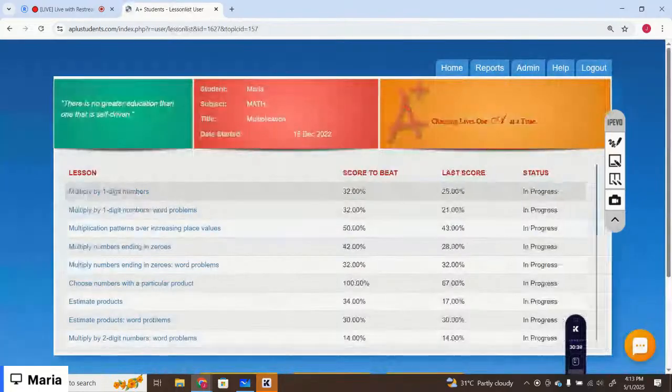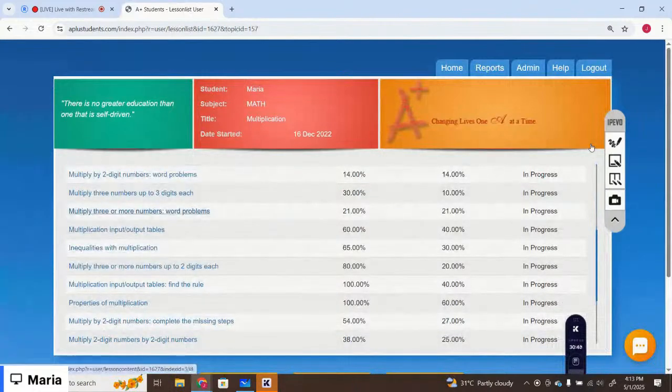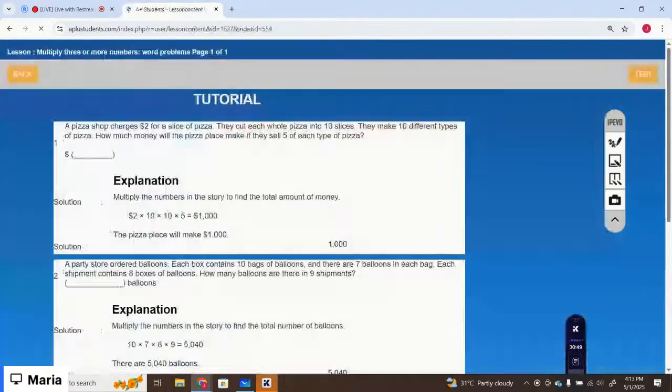Okay, the next lesson is multiply three or more numbers word problems. Okay, let's just start with the test questions.